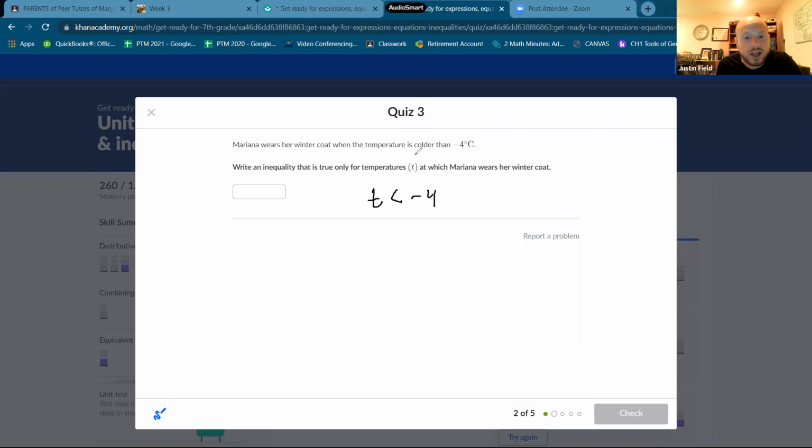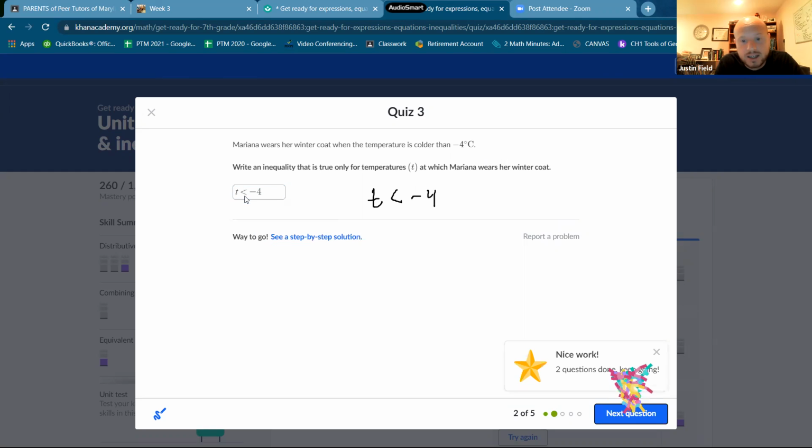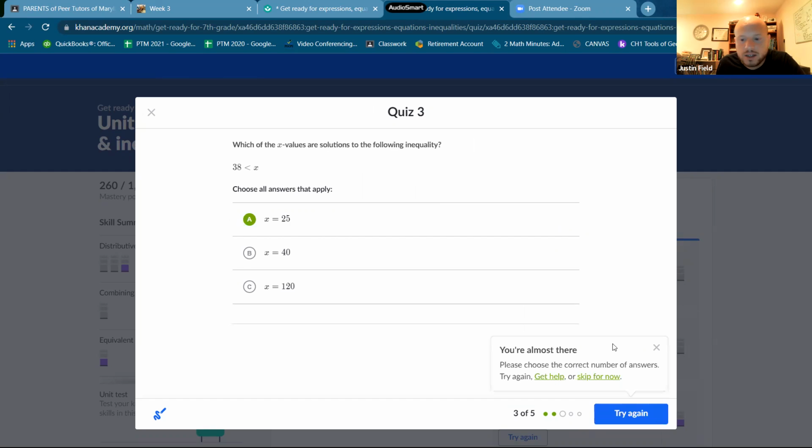All right, so if it is -4, I don't think she's wearing her winter coat. I hope she's wearing a coat. But if it's less than -4, she's wearing her winter coat. Which of the x values are solutions? Well, you could do that one. I just did that one.